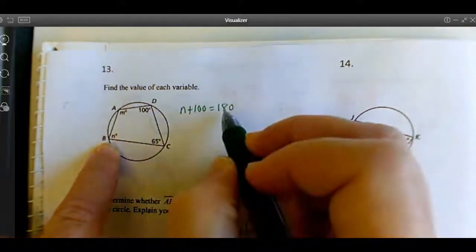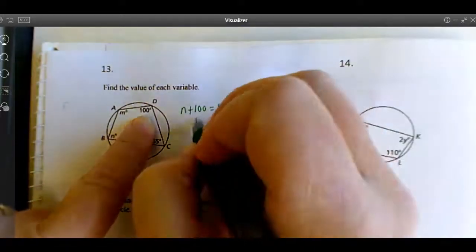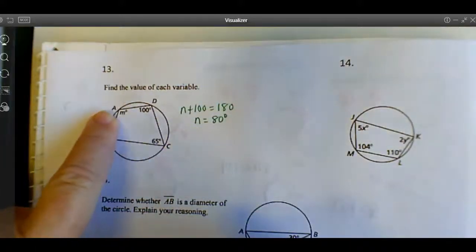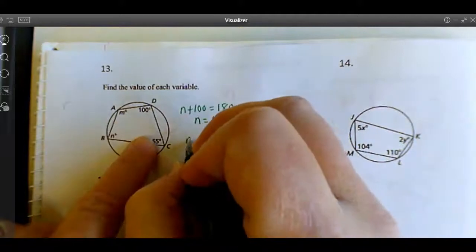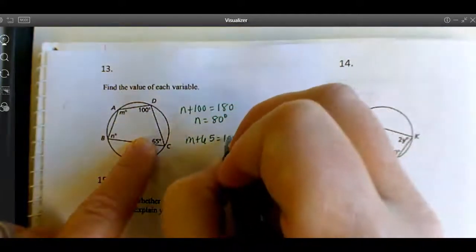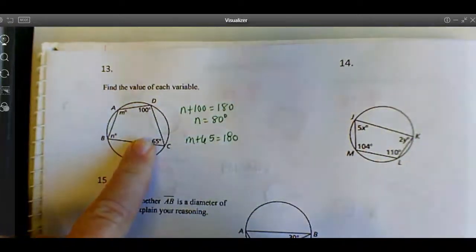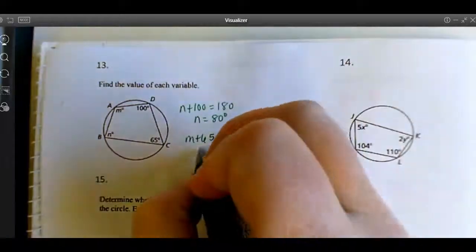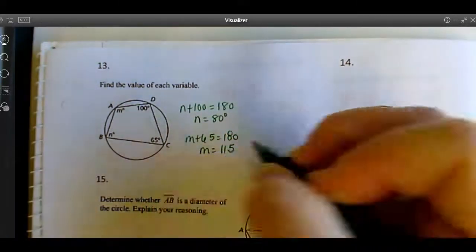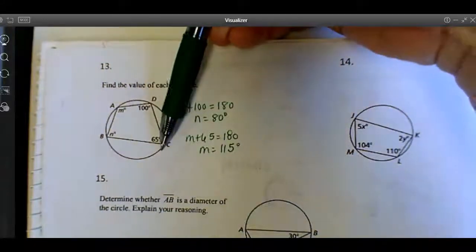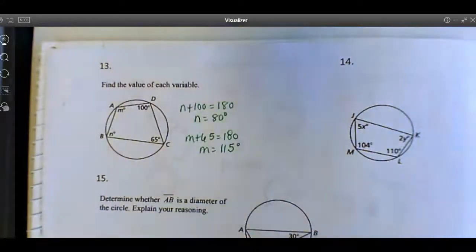So basically I'm just going to subtract 100 from 180 to get N. I know that M and 65 have to be 180, sorry, not 100. And then I'm just going to subtract 65 from 180. So basically you're just saying that ones across from each other have to be 180. Okay?